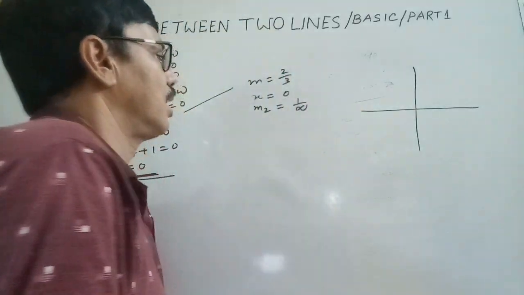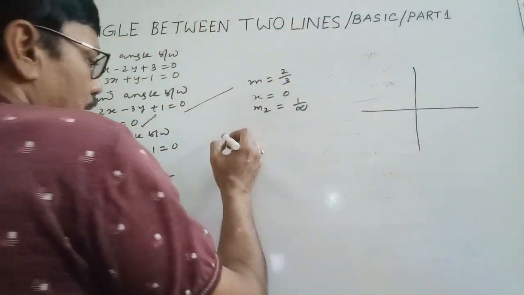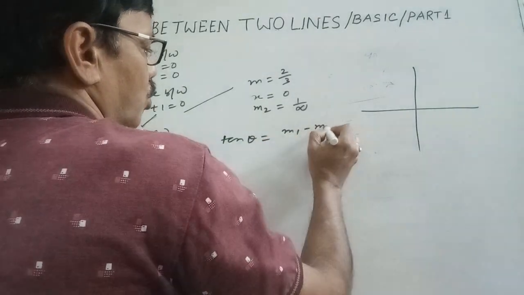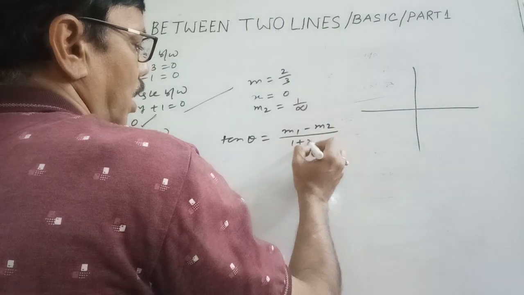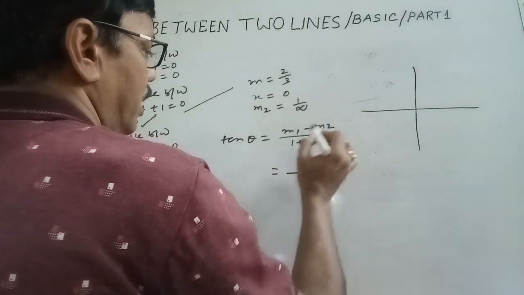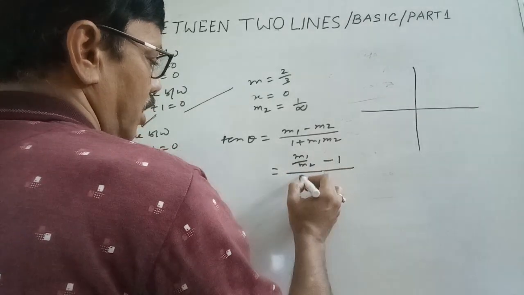So tan theta equals tan 90, which is undefined. So tan theta equals m1 minus m2 by 1 plus m1 m2. Divide by m2 because m2 is undefined.